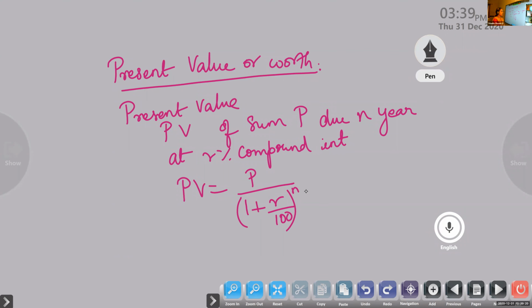After n years, the amount is P. So what is its present value? How do you find the present value? It is P by 1 plus R by 100 whole raised to n.